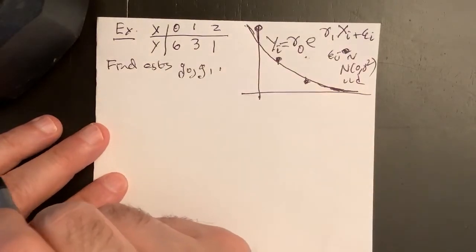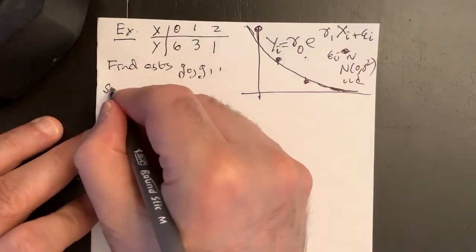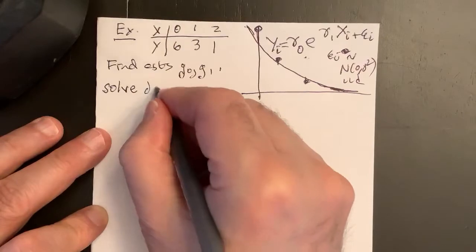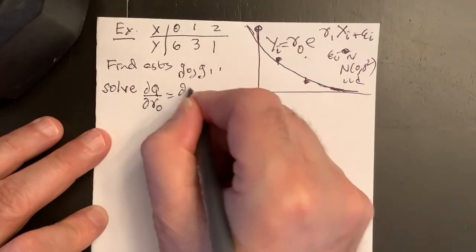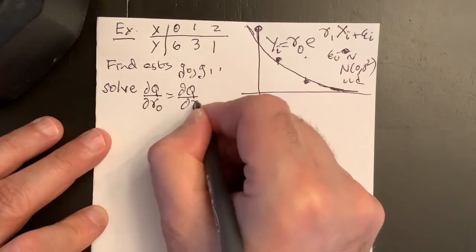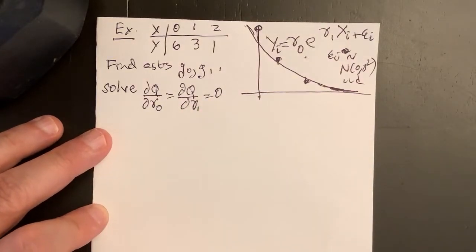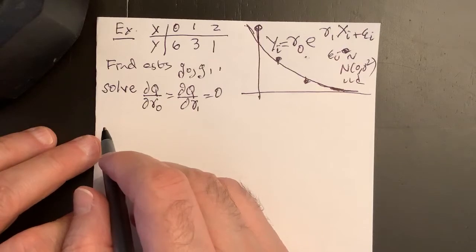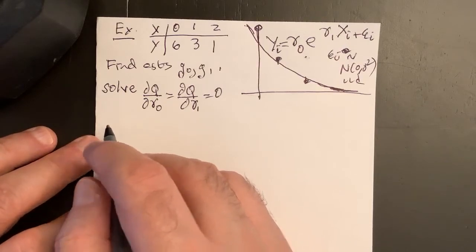All right, well, we need to solve dQ/dgamma 0 equals dQ/dgamma 1 equals 0, and call those solutions G0 and G1. From the last lecture, we know this means that we want to solve the following.